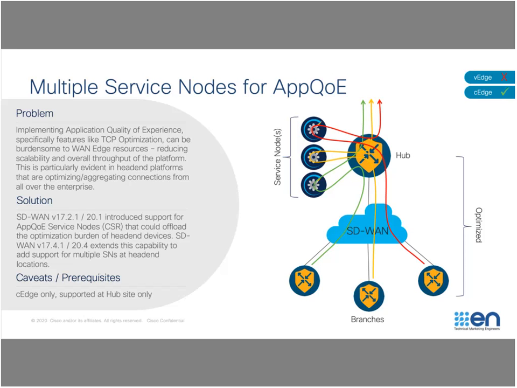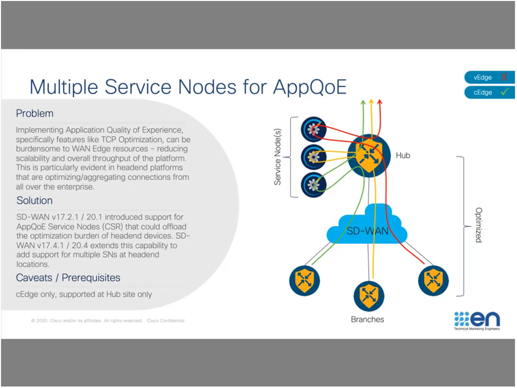So it's just a virtual CSR sitting in like VMware or Hyper-V or something like that, but it's nothing more than a virtual router sitting adjacent to the ASR, right? In 17.4, we're introducing multiple service nodes for AppQoE.